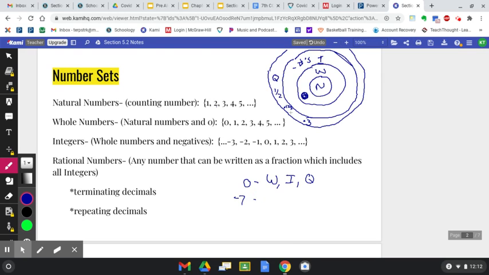Well, where is the negative introduced? It's introduced at integers. So that would be an integer, and it would also be a rational number, right? Well, let's say we have 1/2. Well, it's not natural, right? Doesn't count there. It's not a whole number. It's not an integer. It's introduced at rational. So I can only consider 1/2 as a rational. It's not an integer. It's not a whole number. It's not a natural number.